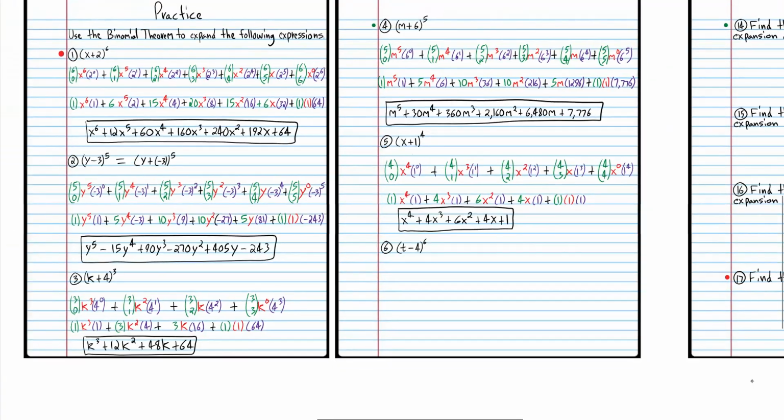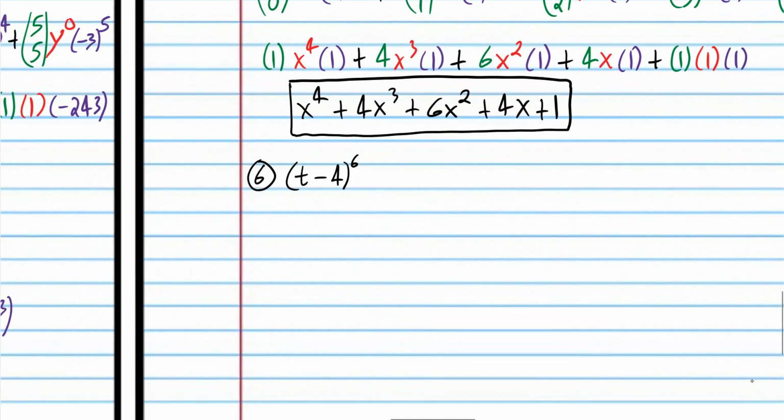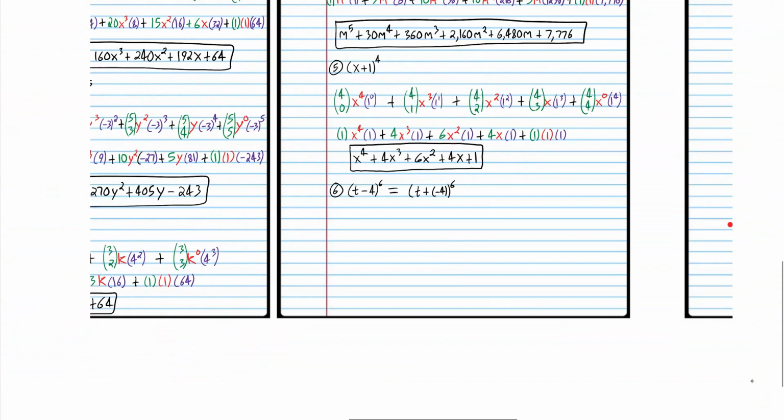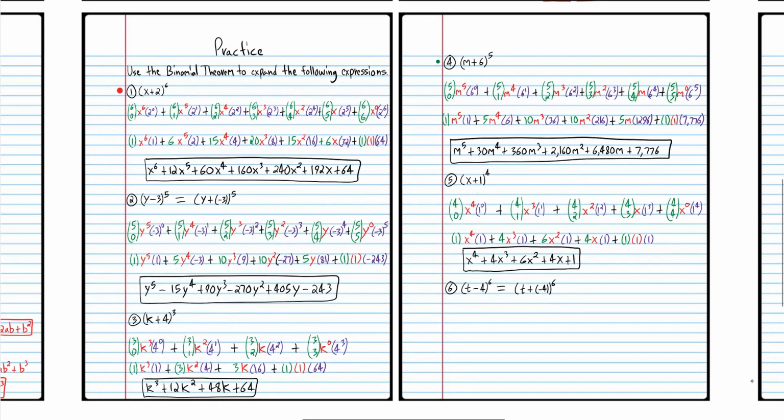Go and attempt number 6. Remember, you're going to have to write t minus 4 as t plus negative 4 so that we can use the binomial theorem in a way that we can understand. So try number 6, and when you come back, we'll do it together.